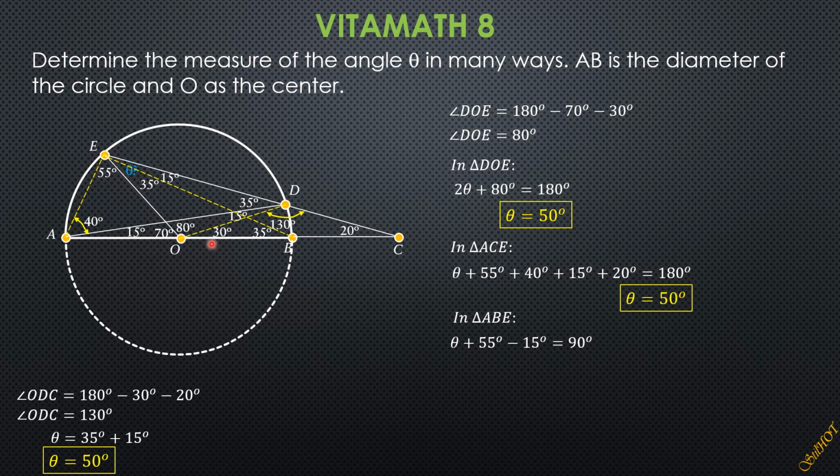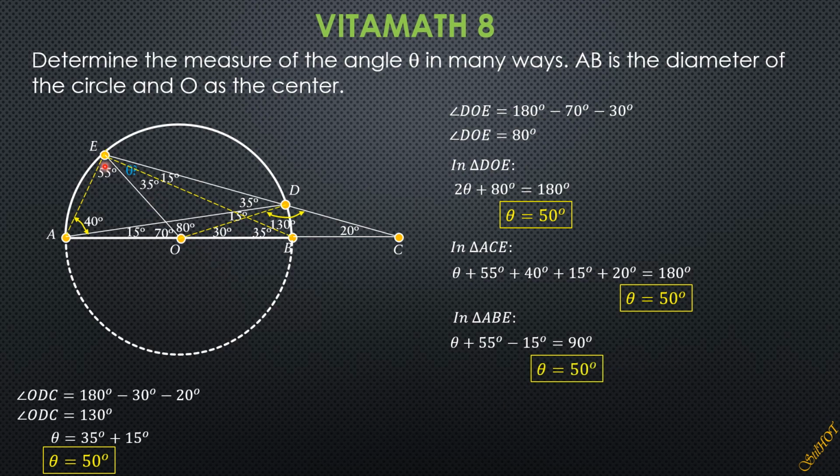Half of this angle, which is 180 degrees, is 90 degrees. So the angle between chords is 90 degrees. So theta plus 55 minus 15 should be equal to 90. Therefore, this is 40 degrees. 90 minus 40 is 50 degrees, another way.